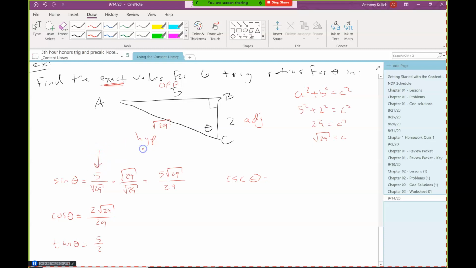Either way I would get the same result, and either way is fine. Everybody okay there? Okay. Secant is going to be the reciprocal of cosine, or hypotenuse over adjacent. And cotangent is going to be the reciprocal of tangent, or adjacent over opposite.